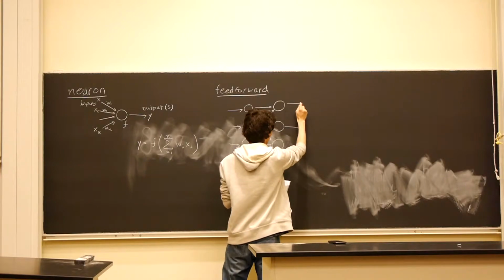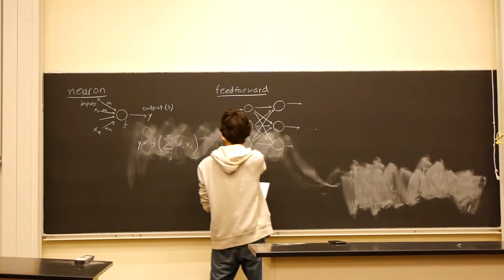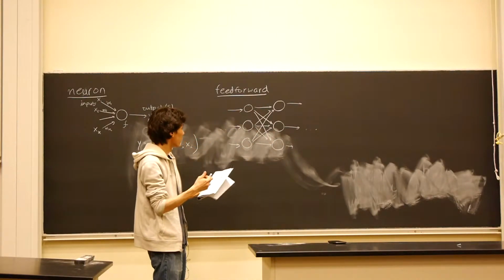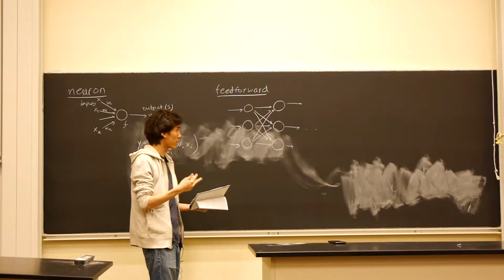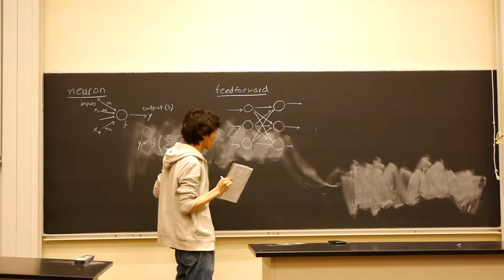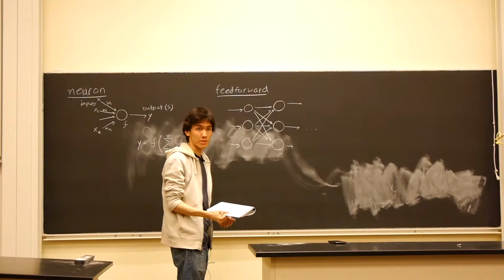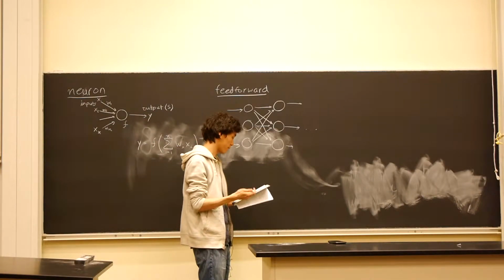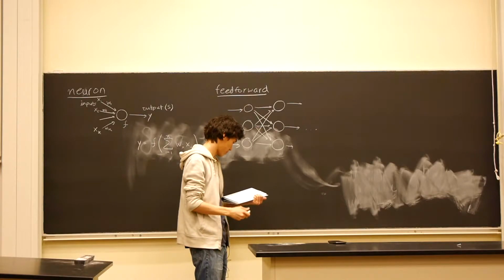The neurons are typically thought of as being arranged in layers, but all the connections move forward in one direction, basically. That's what a feed-forward network is.